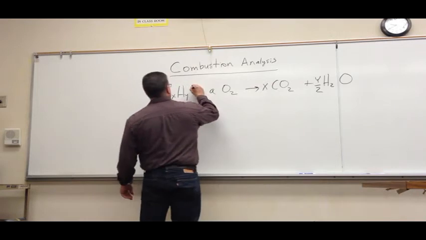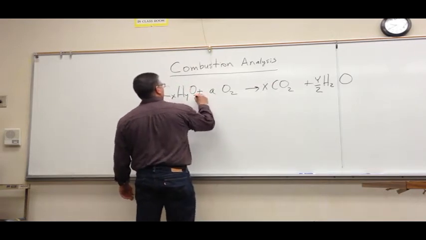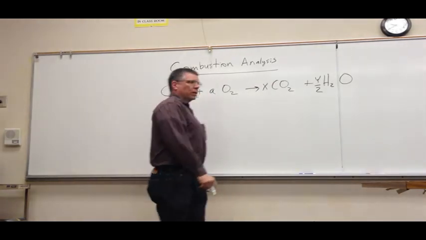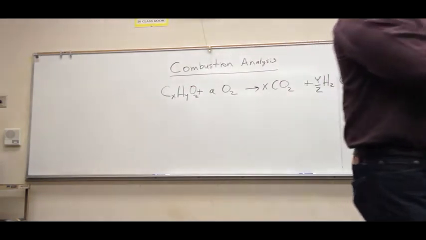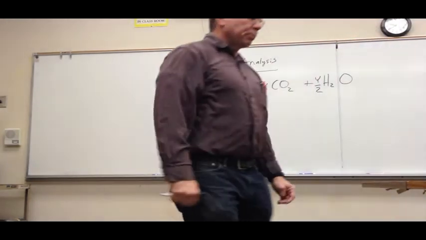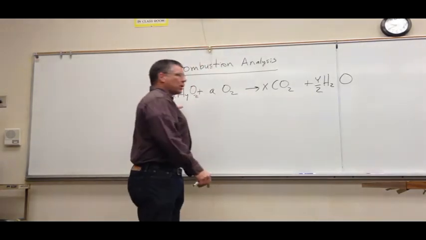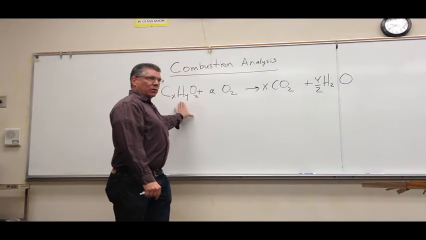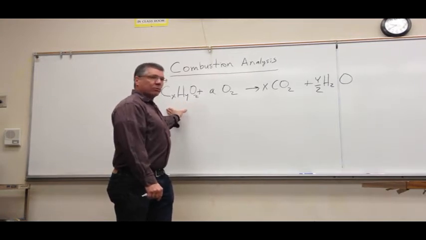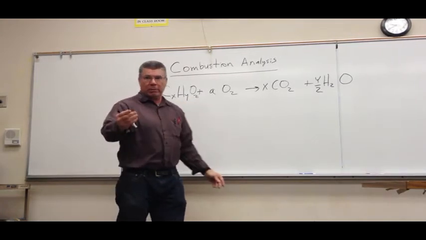If there's oxygen in here, then what you're going to do is, once you know how many moles of carbon you have in the compound and how many moles of hydrogen, you can convert those to grams of carbon and grams of hydrogen using the molar masses.